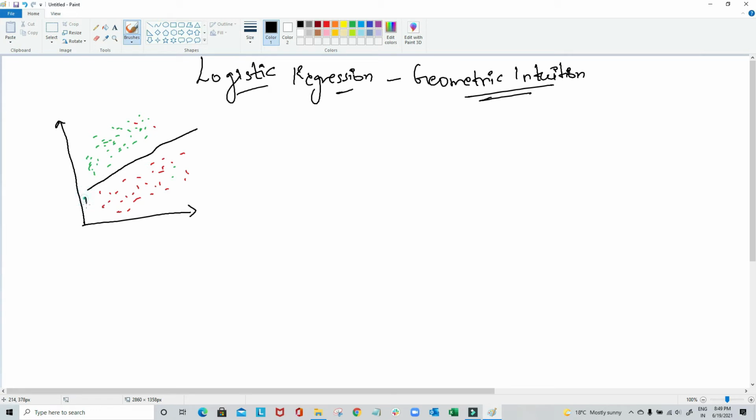The main objective of logistic regression is to find a plane which separates these values as much as possible. There could be some misclassifications as observed here, but still its task is to find a hyperplane which separates these values.